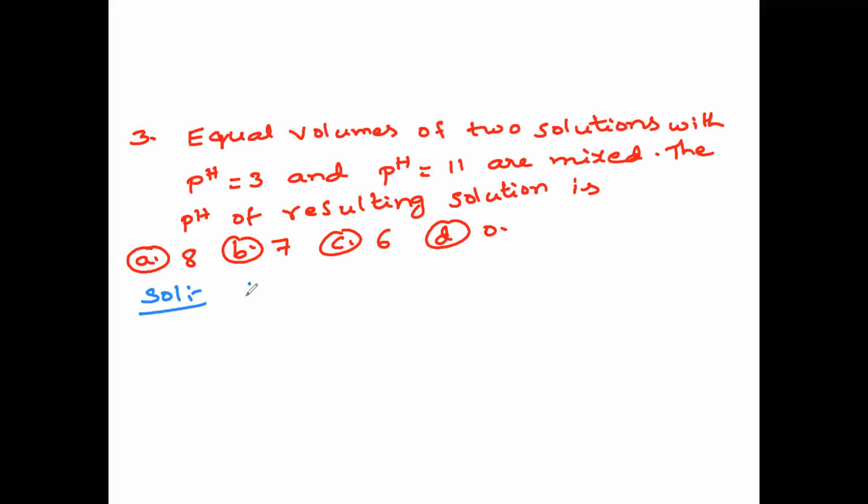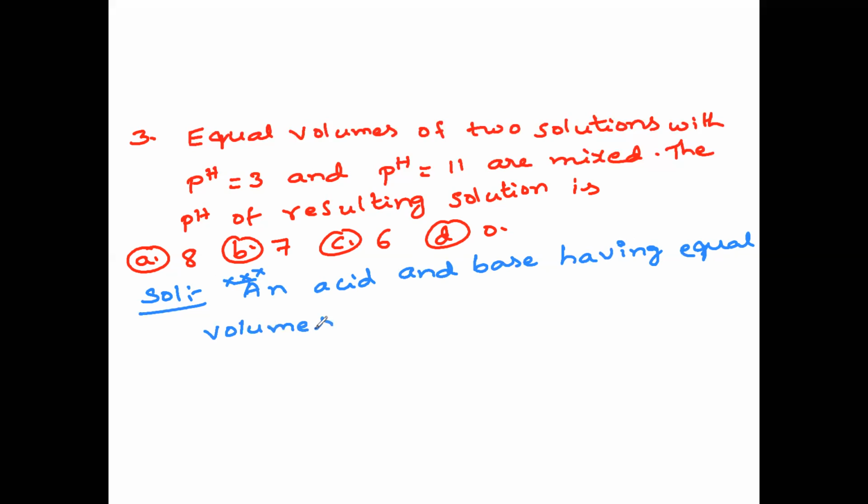An acid and a base having equal volumes, very, very important point. Please note it down whenever they are given like this. An acid and a base having equal volumes and equal strength.